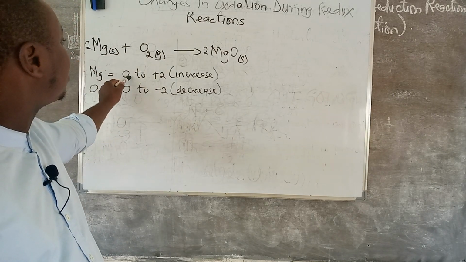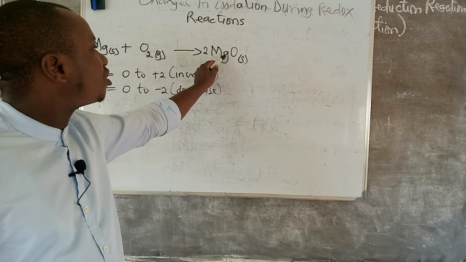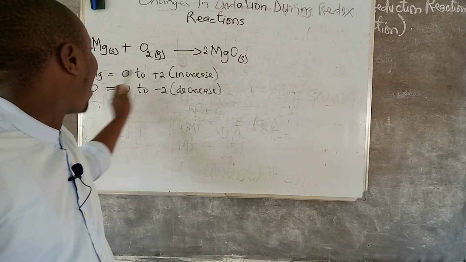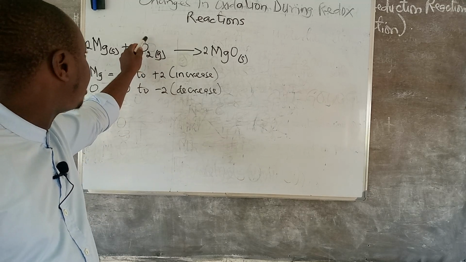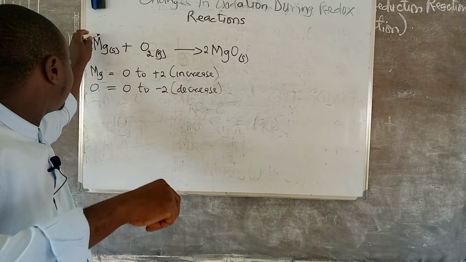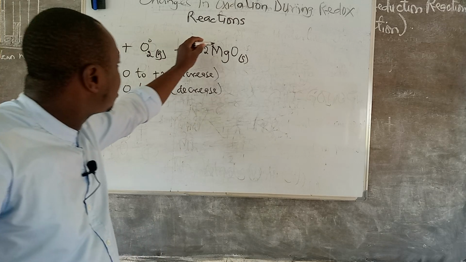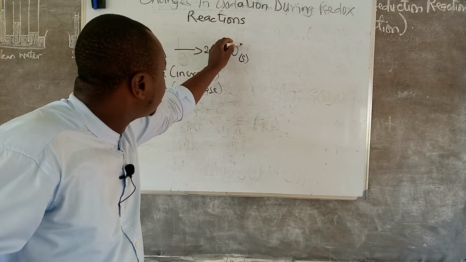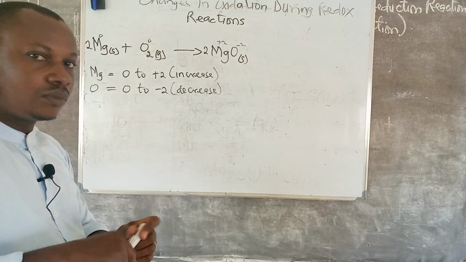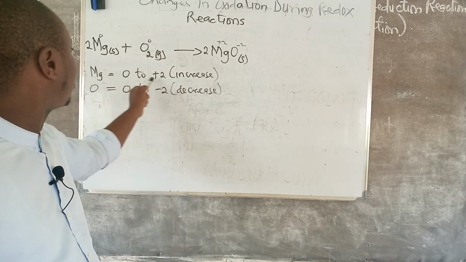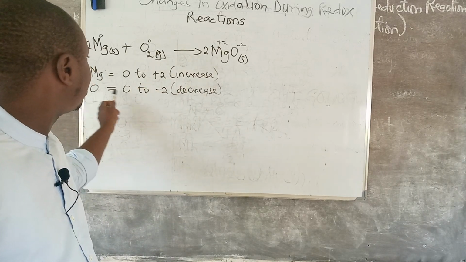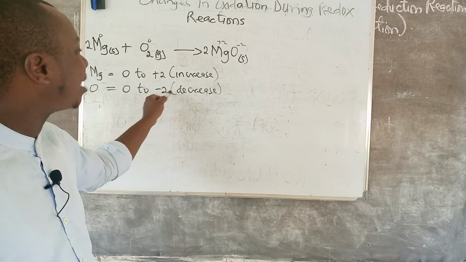So magnesium is changing from 0 to plus 2, while oxygen changes from 0 to minus 2.